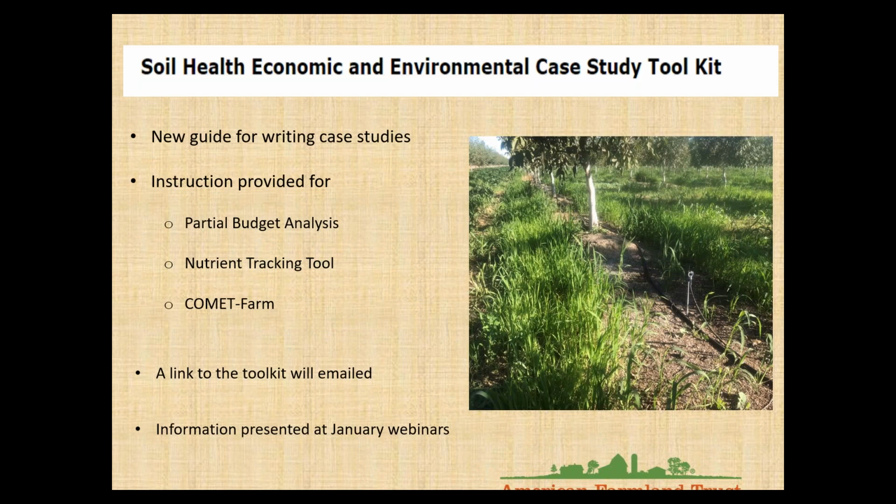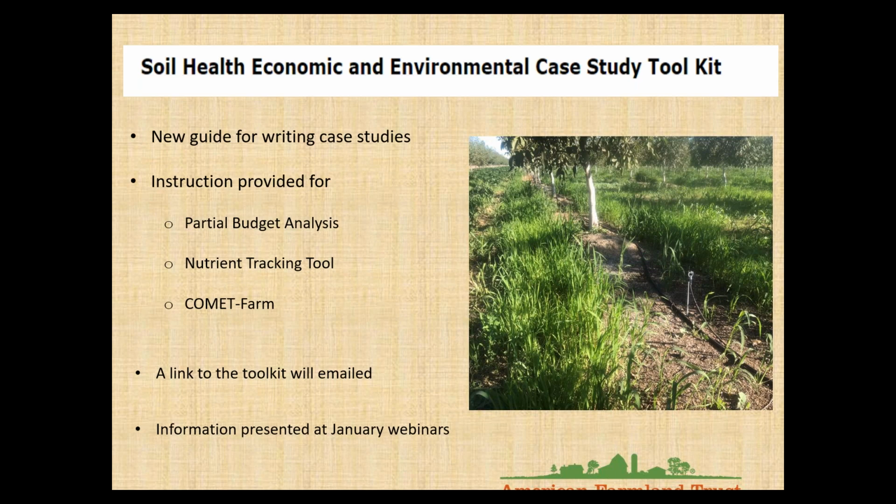Lastly, AFT has developed a new toolkit, an economic environmental assessment guide to help folks, ag professionals and growers, write case studies, with comprehensive instruction provided for using a partial budget analysis and using the nutrient tracking tool and Comet Farm, which are all components of a case study.